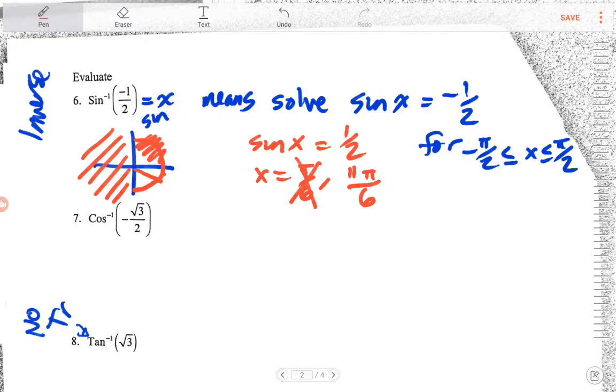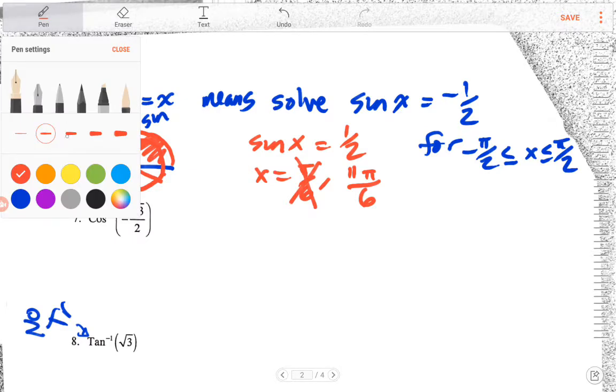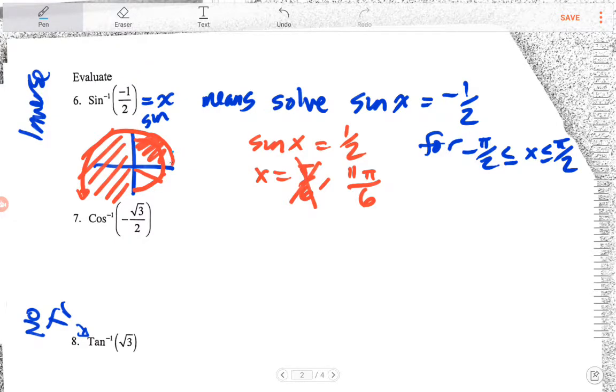When we look at our 2 answers, the only answer that satisfies quadrant 4 would actually be 11 pi over 6. The interesting thing about this problem is that if you want to get to 11 pi over 6, that must have meant that you crossed the restricted access area. We can't actually go in this area. It's basically like a no-fly zone. So if we cannot go in this area, our answer should actually not be 11 pi over 6. The only way we can get to 11 pi over 6, which is this location here, is if we backtrack.